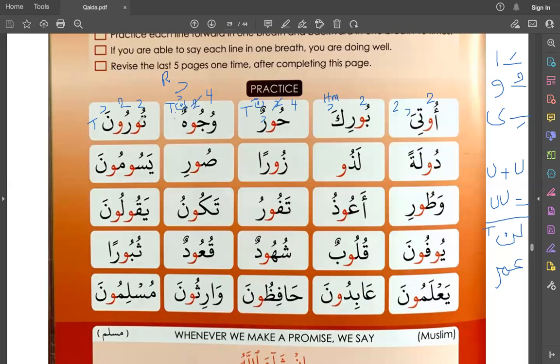And will this two counts long be affected? No. The one immediately before the temporary sukoon will be affected. These two will get involved in mad arid lisukun, not the mad before it. Turun.